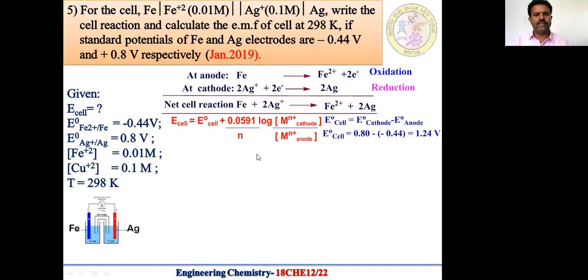The suitable Nernst equation for the cell is E cell = E0 cell + 0.0591 divided by n, log of the concentration of the solution at cathode divided by the concentration of the solution at anode. Because I selected standard conditions, the temperature is 298 Kelvin.